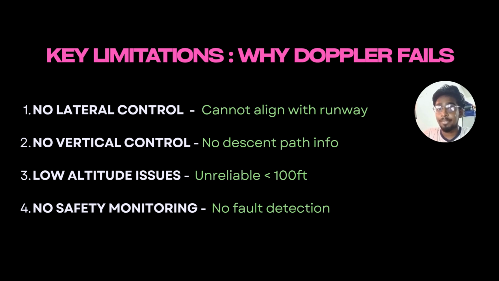Now let's dive deeper into why Doppler fails, because when there's no lateral control, it cannot align with the runway, and when there's no vertical control, there is no descent path information for the aircraft to land safely. Low altitude issue: it is unreliable under 100 feet, where the aircraft needs at least 100 feet and above to get good accuracy. And finally, no safety monitoring. This can cause fault detection problems.